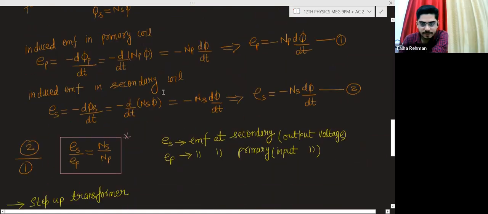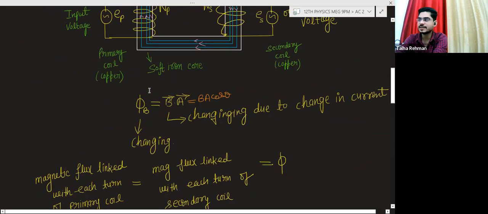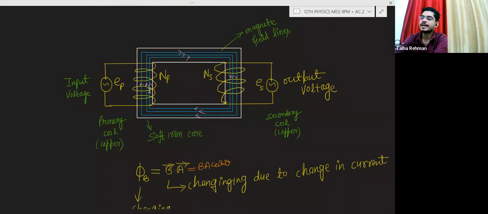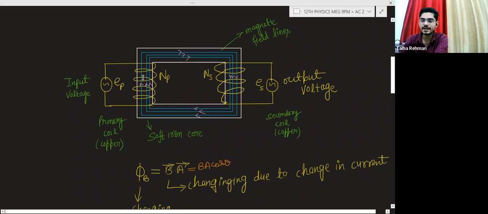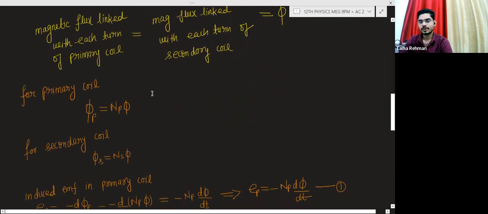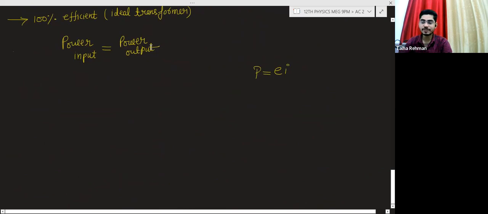If I am just assuming this transformer as 100% efficient, means the input power you are supplying to this transformer, same power you will get here if there is no loss of power. So power input is equal to the power output, and power is given by EMF multiplied by the current.